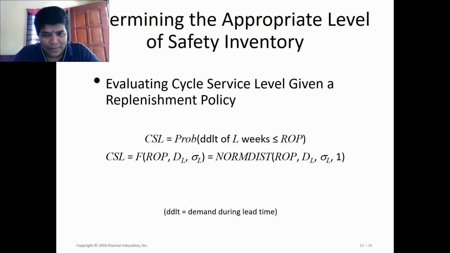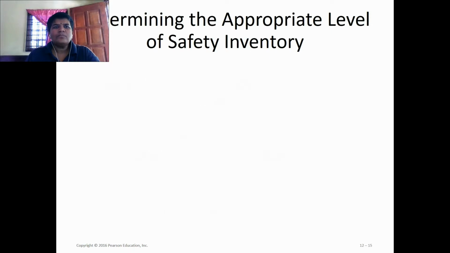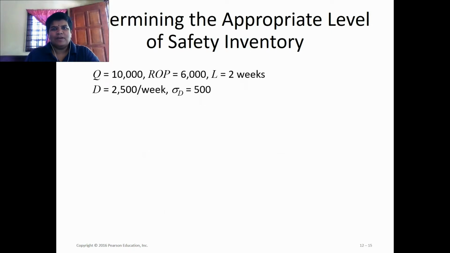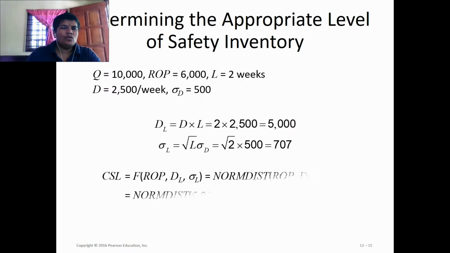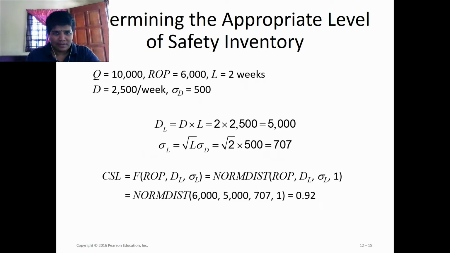Okay, so these are the given formulas. CSL is equal to the probability in the bracket that demand during lead time DL is less than or equal to ROP. So these are the formulas that we will use to calculate the safety inventory with a given replenishment policy. It's already given: Q is 1,000, reorder point is 6,000, and L is 2 weeks. D per week is 2,500, and standard deviation is 500.